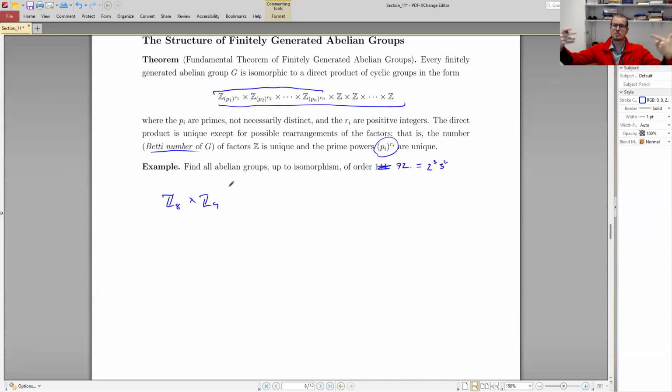So we can take this. The book actually builds up, takes all of the individual pieces, 2, 2, 2, 3, 3, and it will put them together until it ends with this. I like to break it down. Whichever approach you take is absolutely fine. So I can split the 9 as 3 times 3. So I'm going to write this as Z8 direct product with Z3 direct product with Z3.